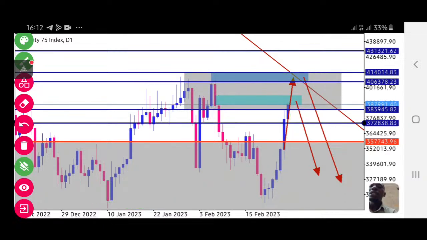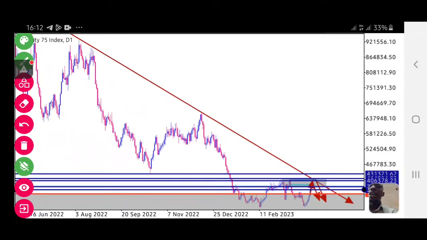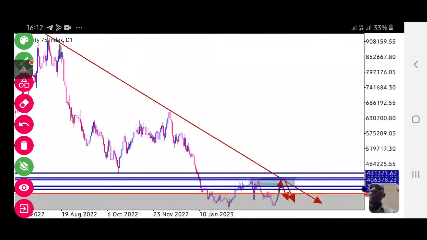So where is the origin of this market, guys? If the market breaks this, it will come back to its origin, where the market started to flow down. We have already reached the neckline. If we break this, we have to come here.